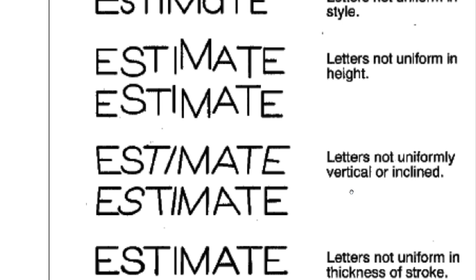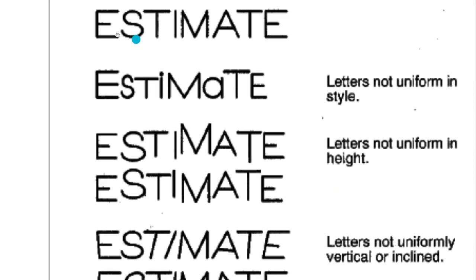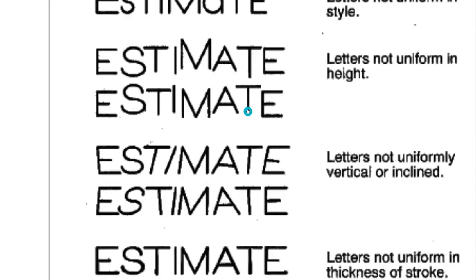For example, if we incline our writing, I usually incline my letters, but inclined all throughout. Not that my E, S, and T are straight; I would make them all inclined. The proper way, of course, is all straight.